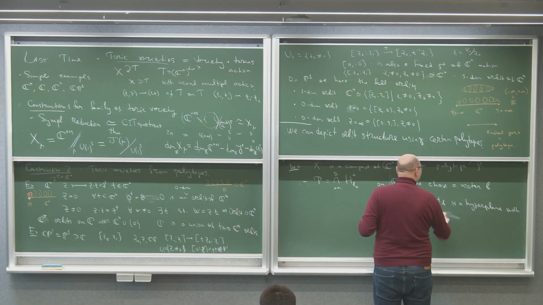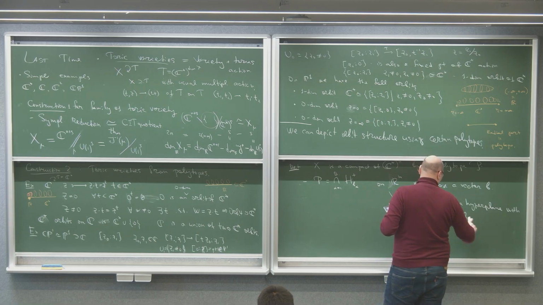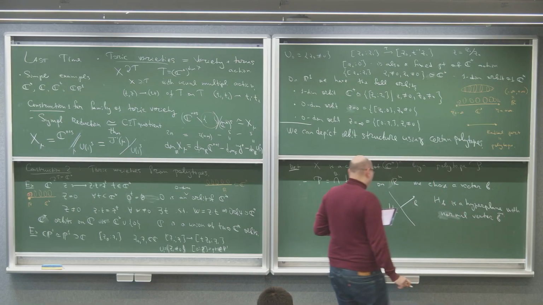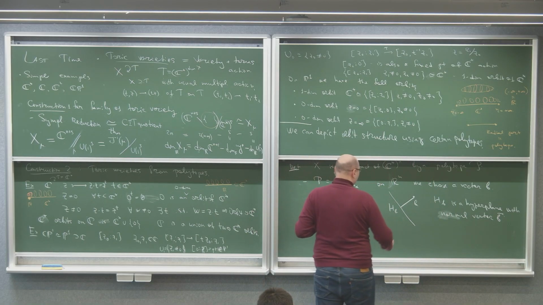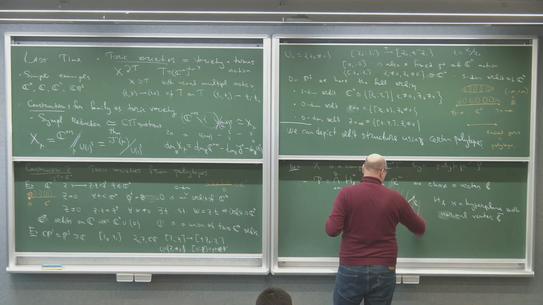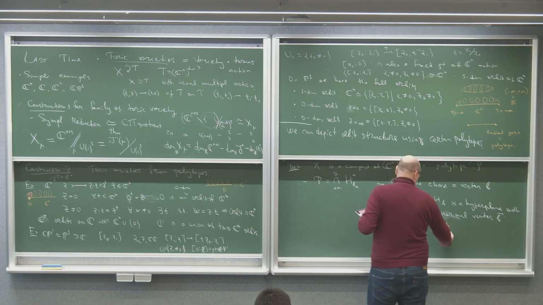Okay, let's say the normal vector B. And then for this H_B, we can define H_B plus. So H_B plus is a half space.